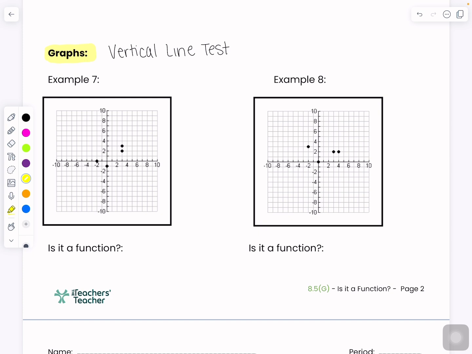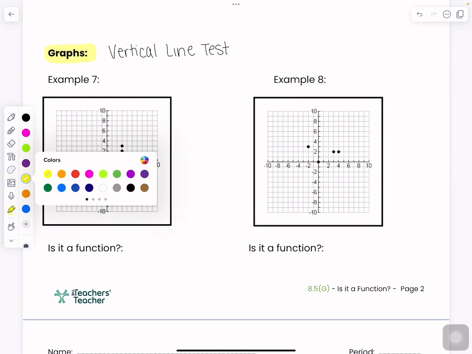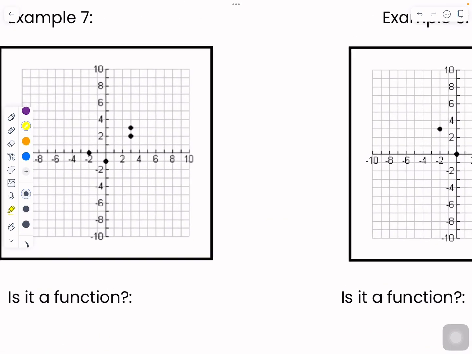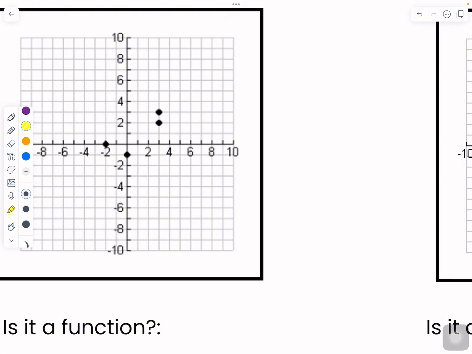Let's take a look at example 7. When we look at our first x value, notice our vertical line only goes through one point.